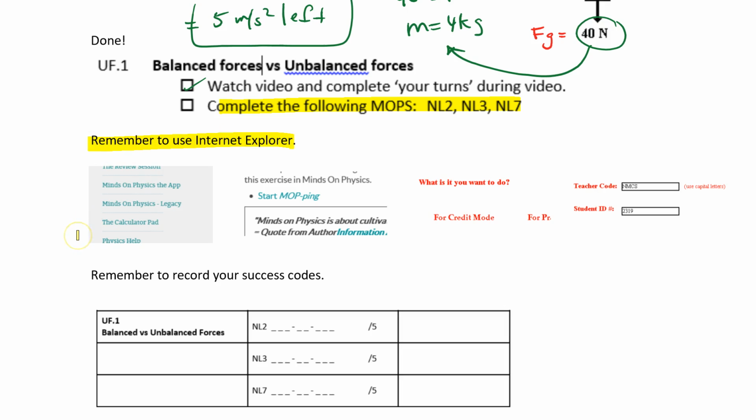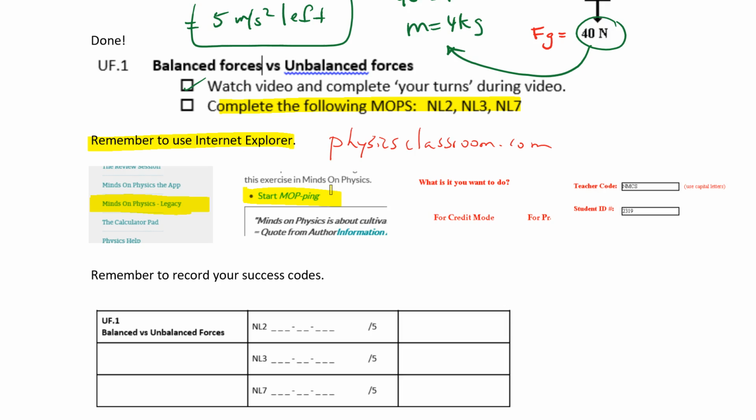If you go to physicsclassroom.com, the first thing you're going to look for is Mind on Physics Legacy. Once you click on that, on the next page look for something that says Start Mopping.